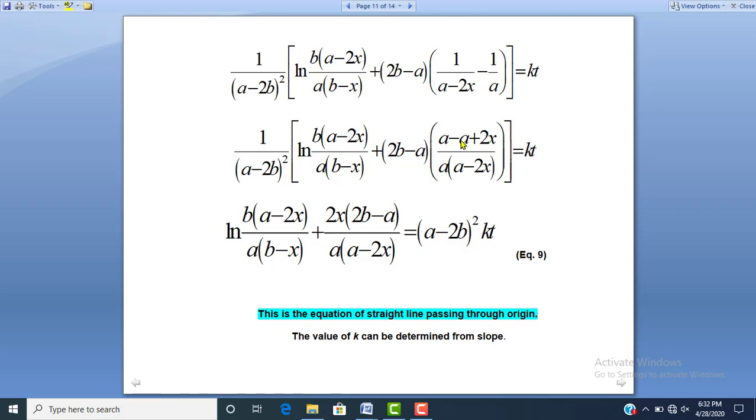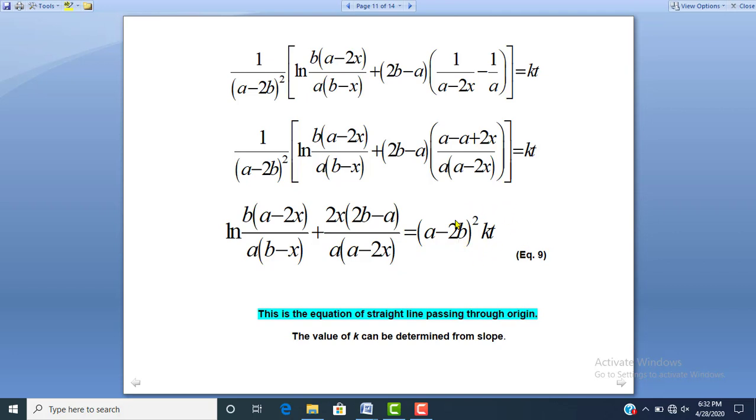This a and a have been cancelled, divided by a into a minus 2x, which is equal to a minus 2b square into kt. This is equation number 9, and this is our required equation, because from this equation we will be able to determine the value of rate constant.